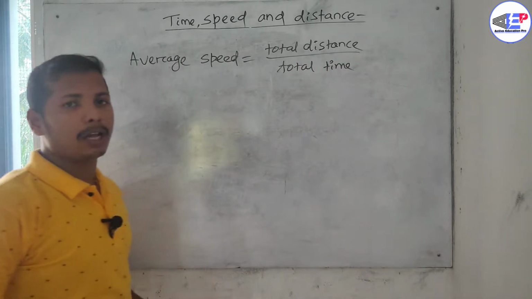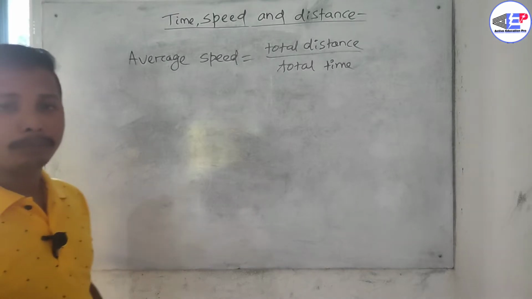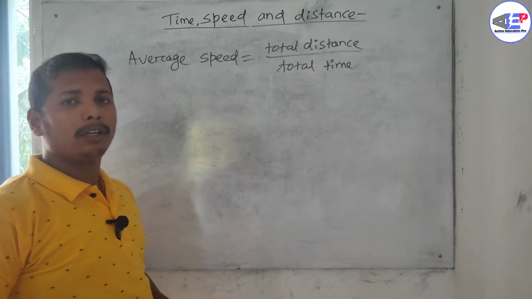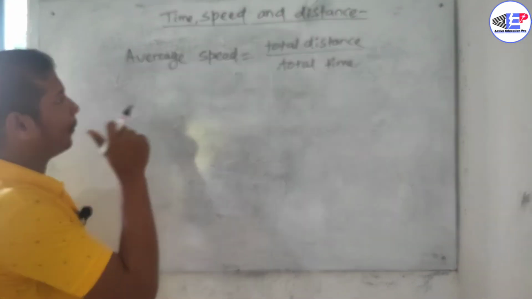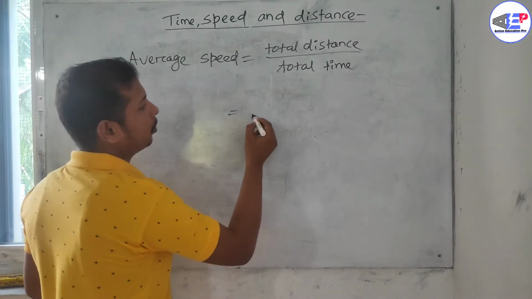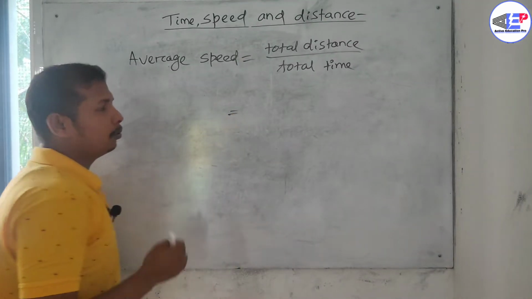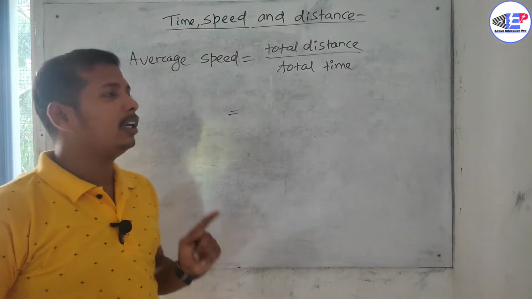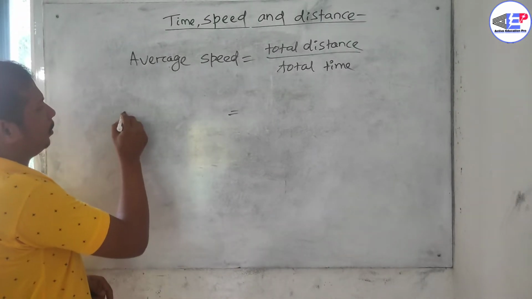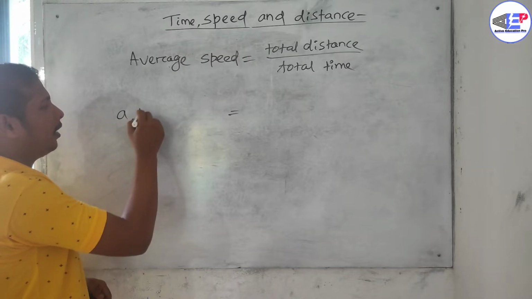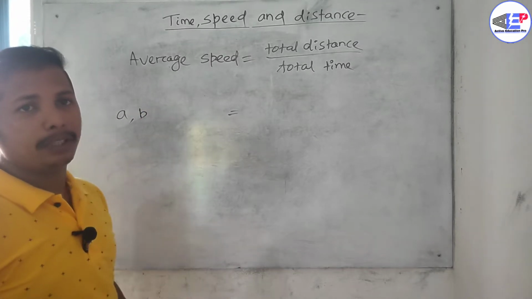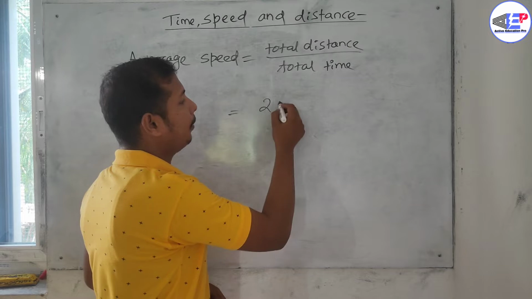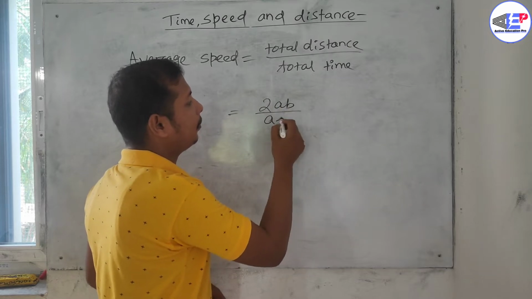We have another formula for average speed. When the distance covered is same and there are two speeds, A and B, then the average speed will be equal to 2AB by A plus B.